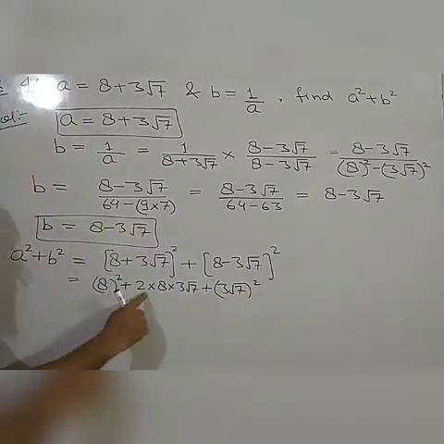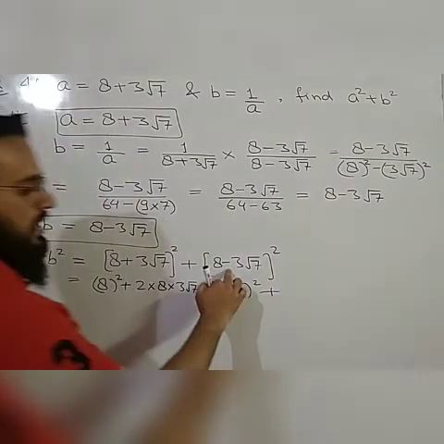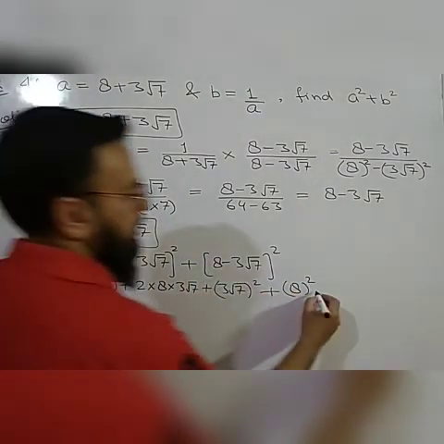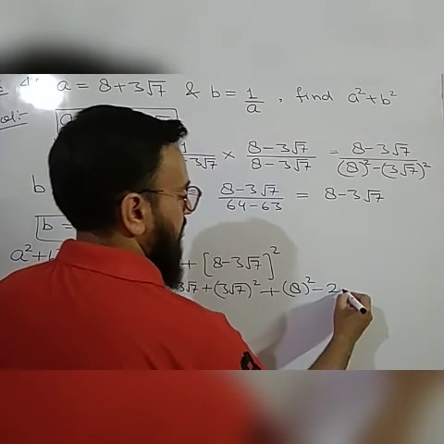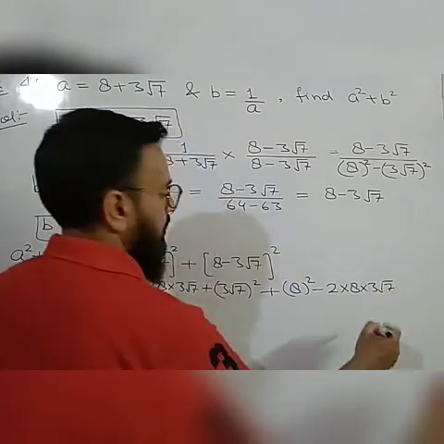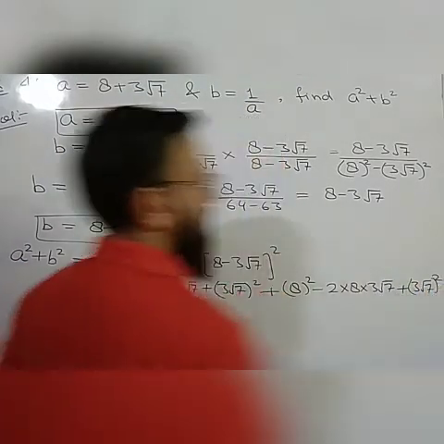That is a square plus 2ab plus b square. In the second bracket it is also 8 square, that is a square minus 2ab, so it will be minus 2 into 8 into 3 root 7 and then plus 3 root 7 whole square, that is b square.